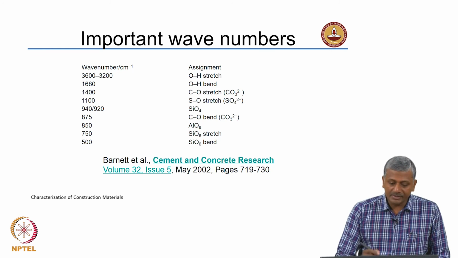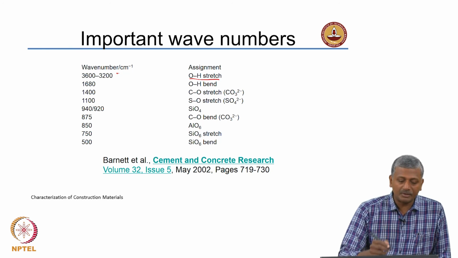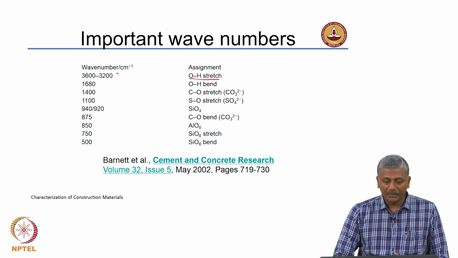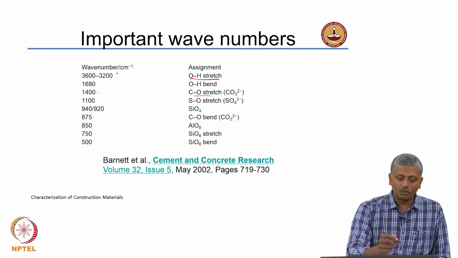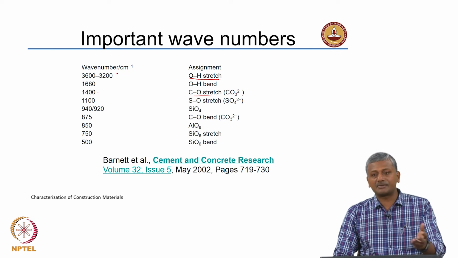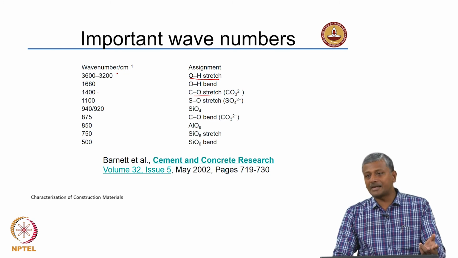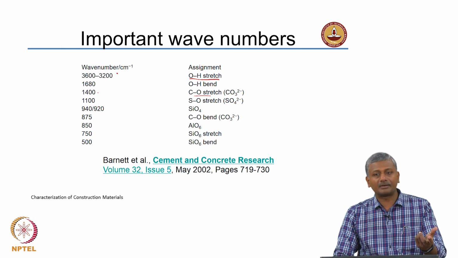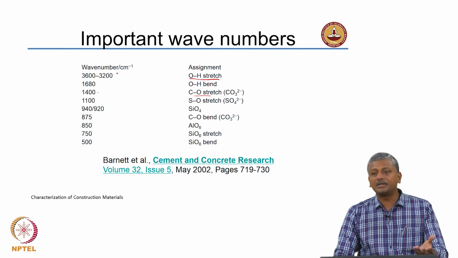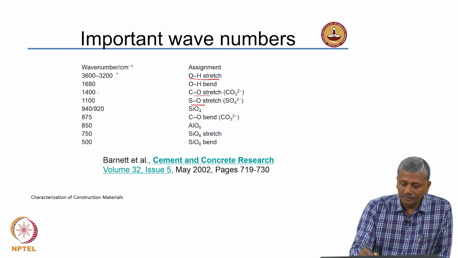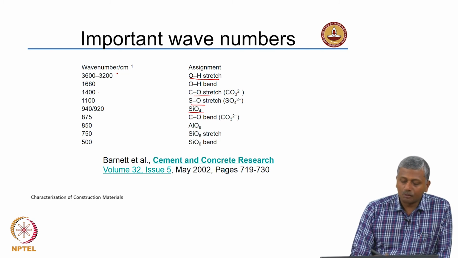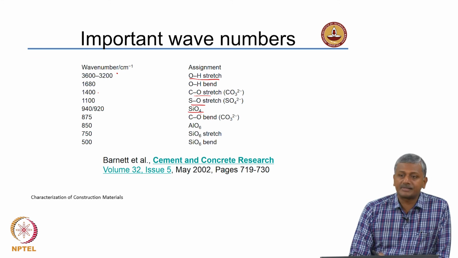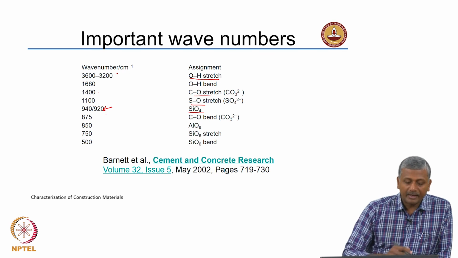For instance, the oxygen hydrogen stretch happens at 3600 to 3200 wave number, the bend happens at 1680, carbon oxygen stretch is at 1400, or more precisely, as we saw in the other example from the sulfate attacked tunnel lining, about 1385. Sulfur oxygen stretch happens at about 1100, SiO4, that means tetrahedral silicate state, is observed at 940 to 920.